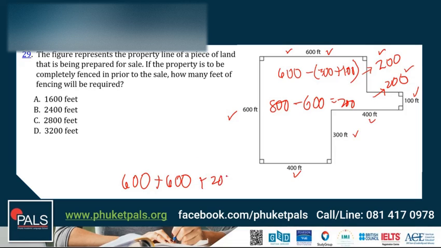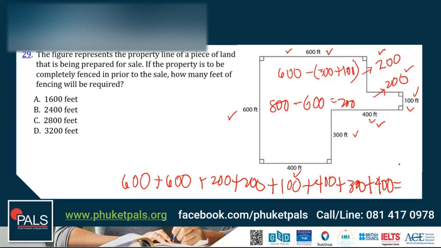So 200 plus 200, and then 100, then 400, plus 300 and 400. Now the answer is 2,800 feet. The answer is letter C.